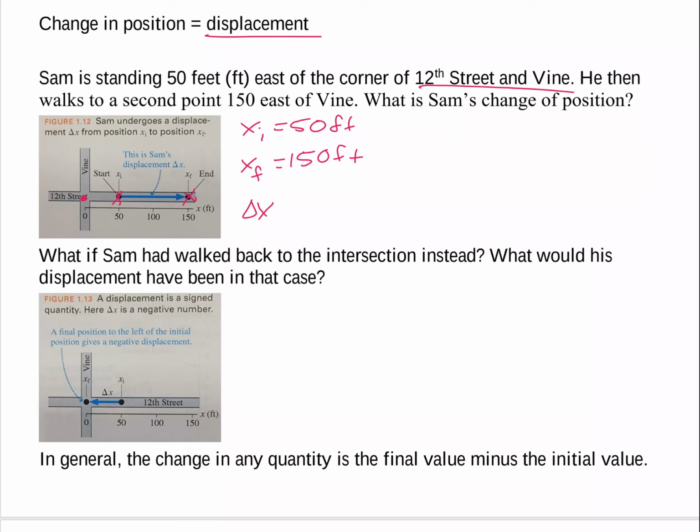That's change in x. Okay, delta represents change in. Delta x is going to be the final position minus the initial position. That's a formula that we will use a ton. And so you just do 150 feet minus 50 feet, and you get 100 feet.